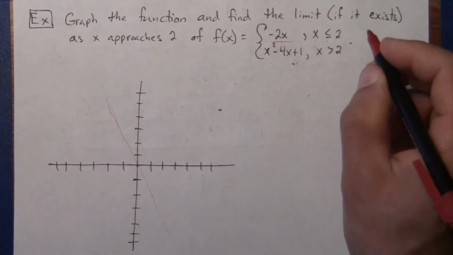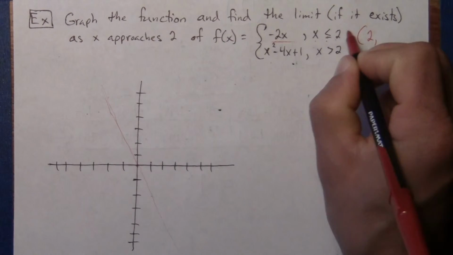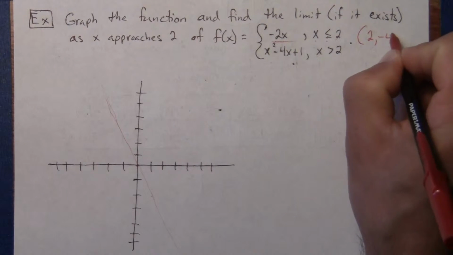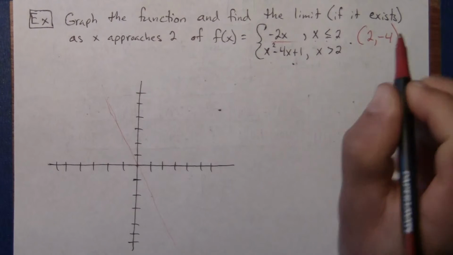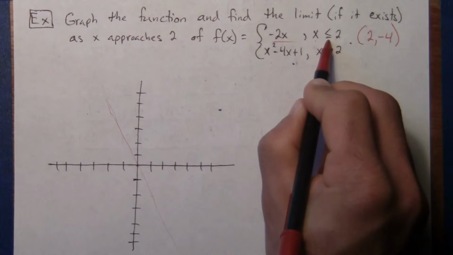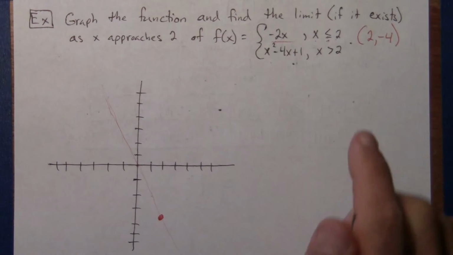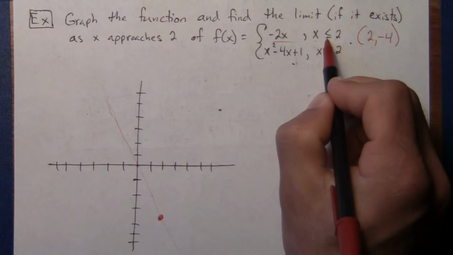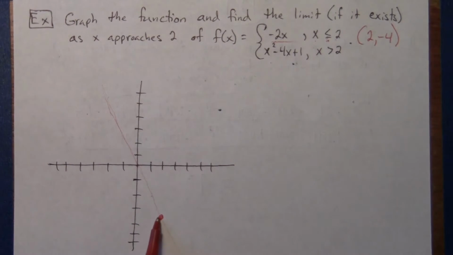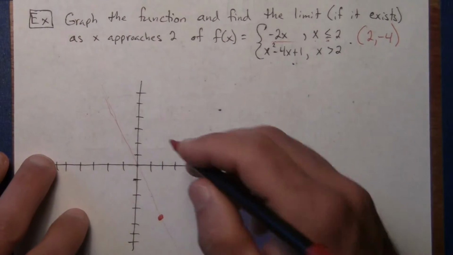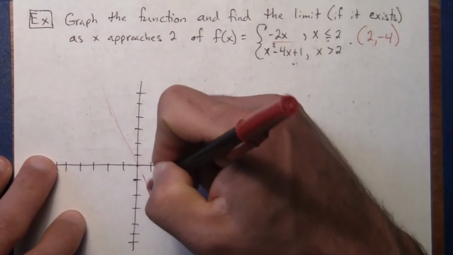So if I plugged 2 into this function, I would get negative 4. So that's my starting point, and it's going to be a closed circle because it's equal to. So 1, 2, 1, 2, 3, 4, it's right here. I should have a closed circle here, and then notice it says x is less than. It wants me to make the stuff to the left of that point darker. So this is the thing to the left. So this is actually the graph.